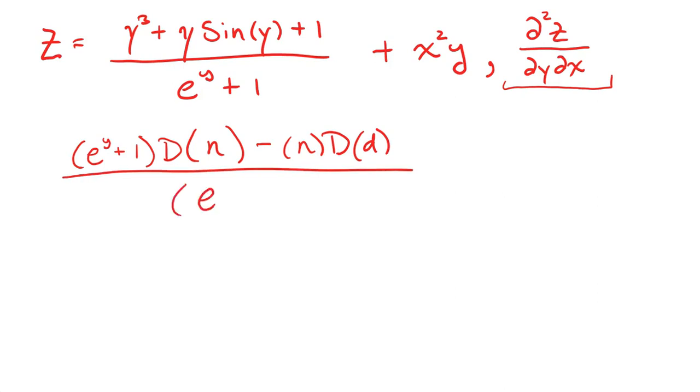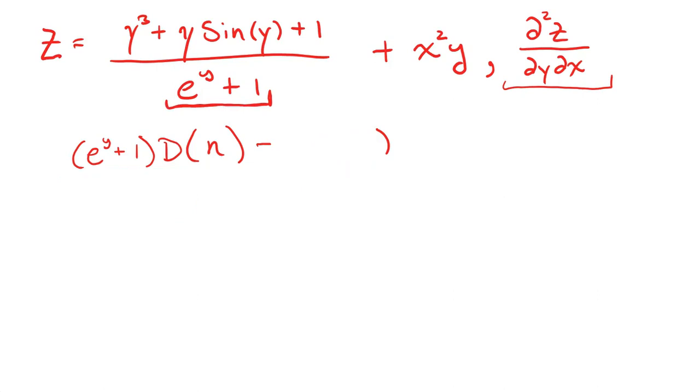So it would just be over e to the y plus 1 squared. But since this can never equal 0, well, that means that this can never equal 0 because we're just squaring it. So even if we take the derivative of that, it means that the derivative is still going to be continuous.